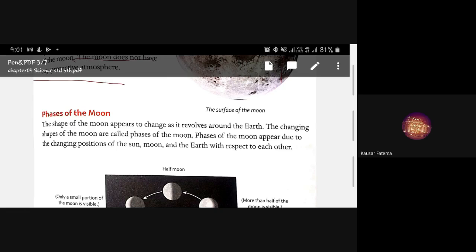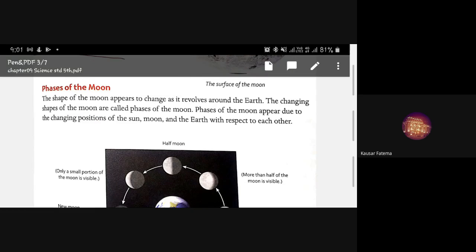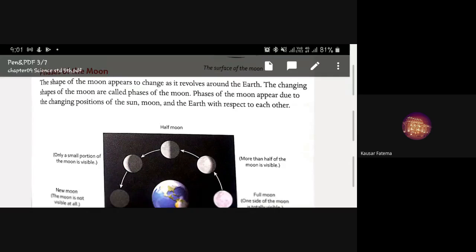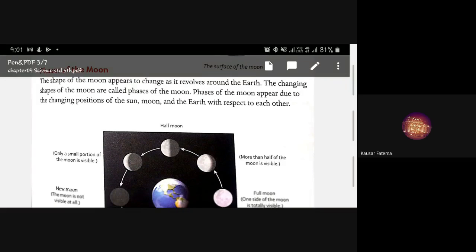The phases of the moon appear due to the changing position of the sun, moon, and the earth with respect to each other. You know the phases of the moon. This is it, so you can see.